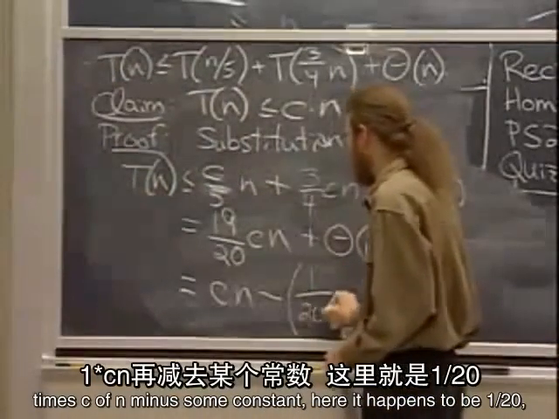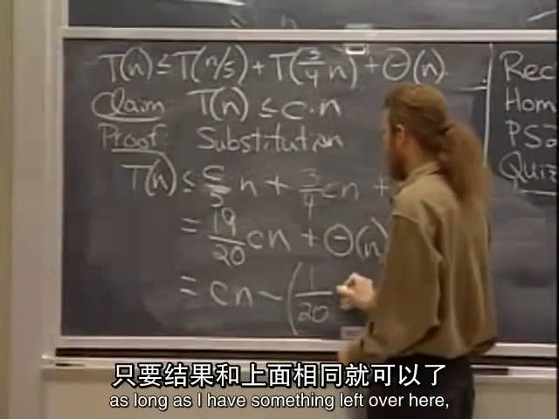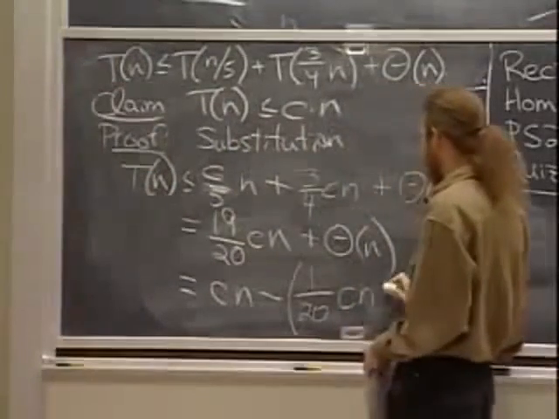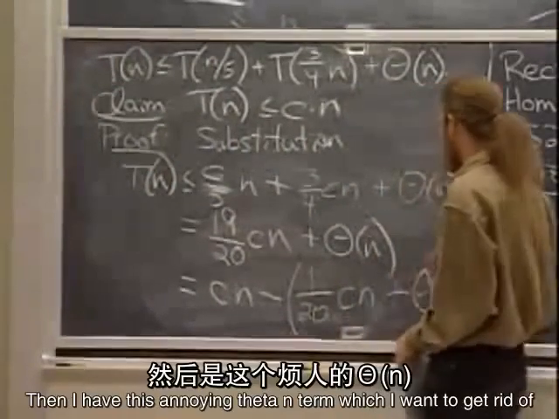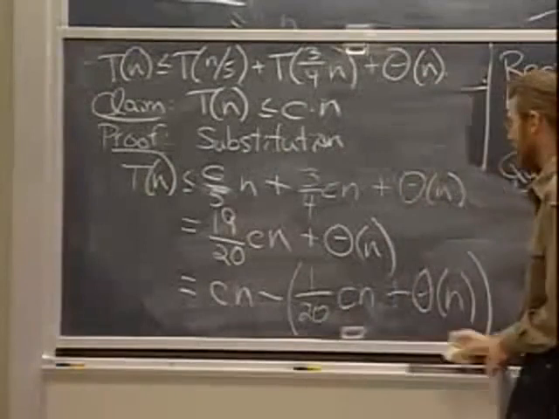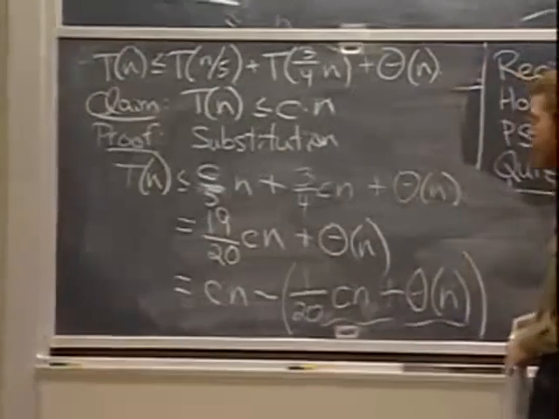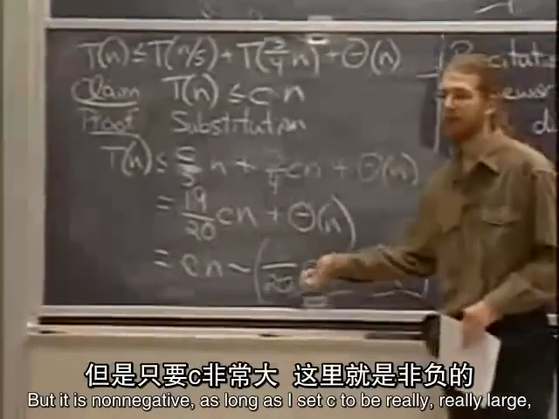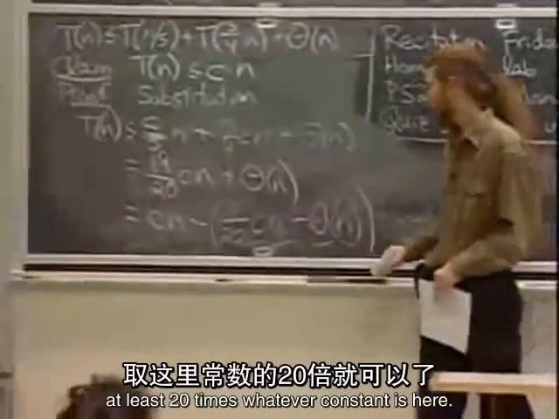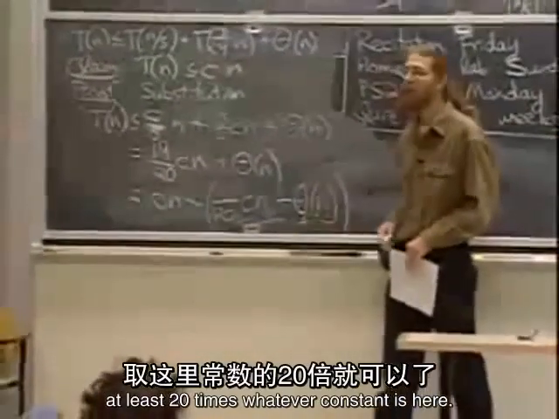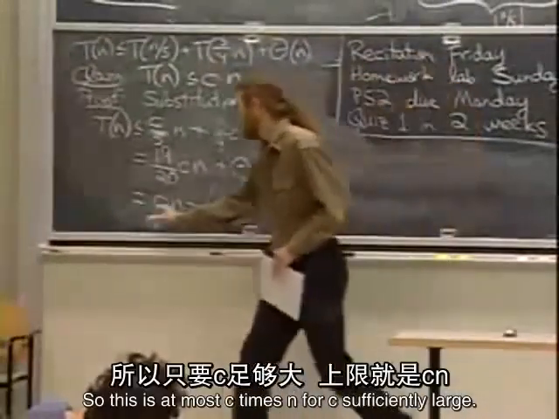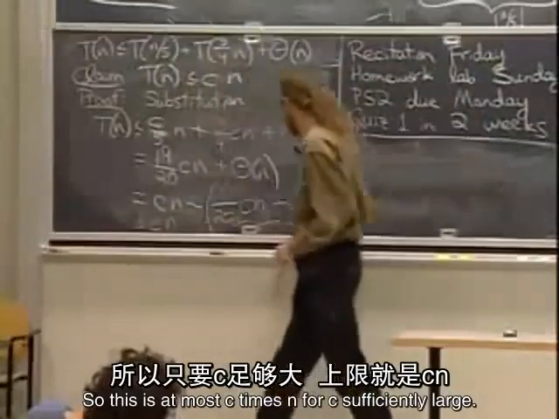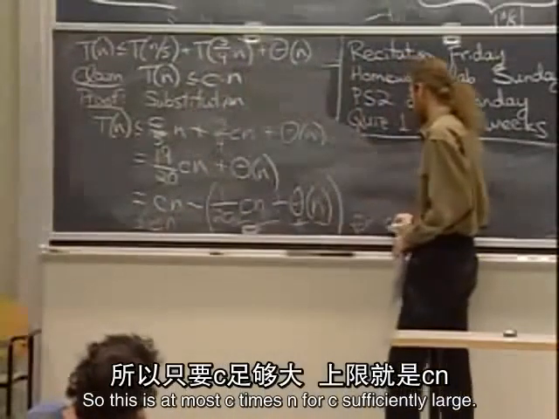Here it happens to be 1/20th, but as long as I have something left over here, 1/20th times C times n. Then I have this annoying theta n term, which I want to get rid of, because I want this to be non-negative. But it's non-negative as long as I set C to be really, really large, at least 20 times whatever constant is here. So this is at most C times n for C sufficiently large.